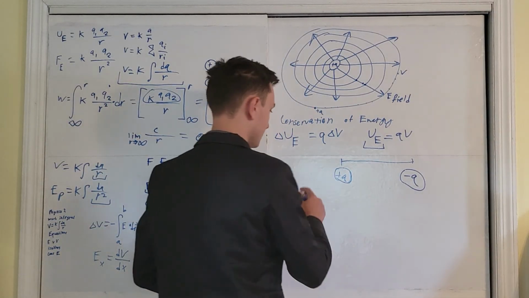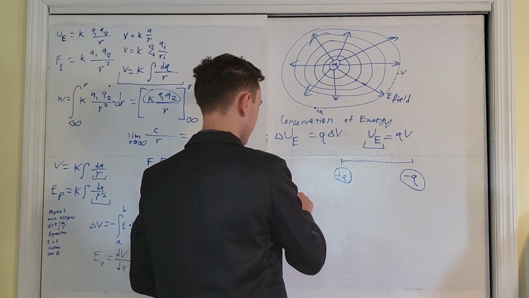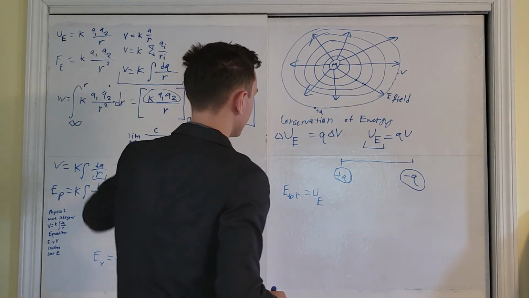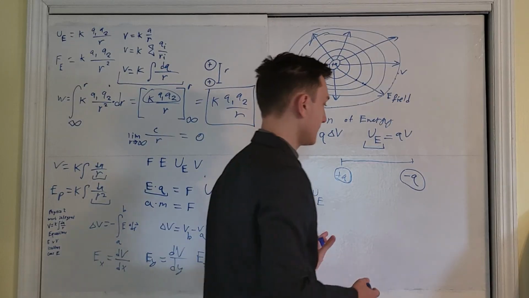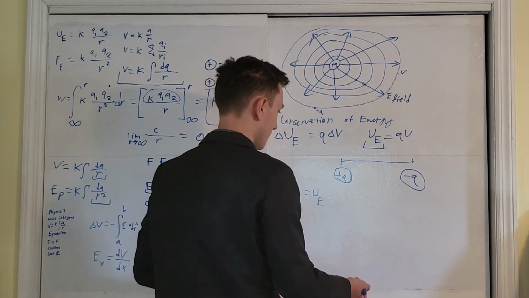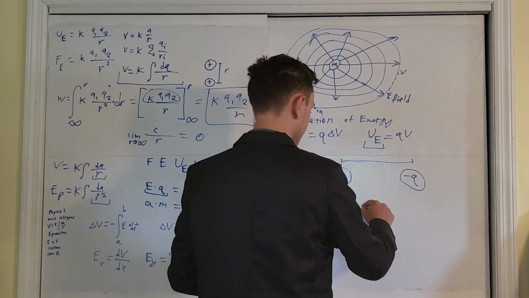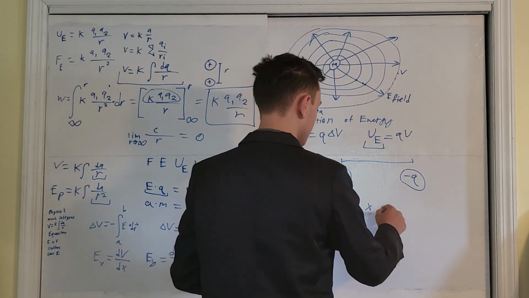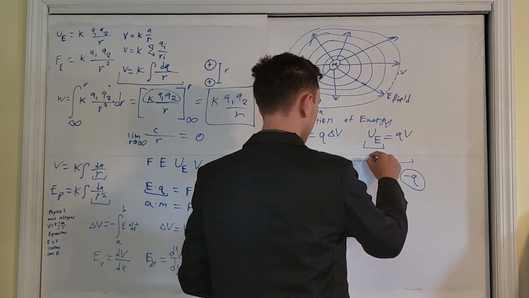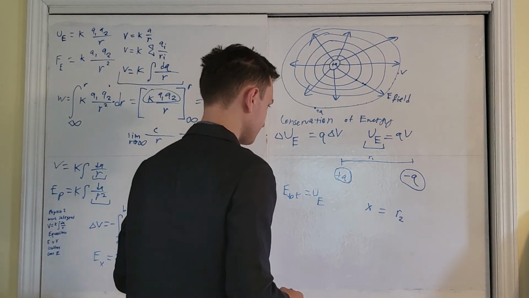And since they're at rest, the total energy of our system would be our electric potential energy, given by that equation. And then at some time t after we have released them from rest, they will have traveled some distance x, such that their new displacement is now, I'm going to call it R2, where this original displacement was R1.